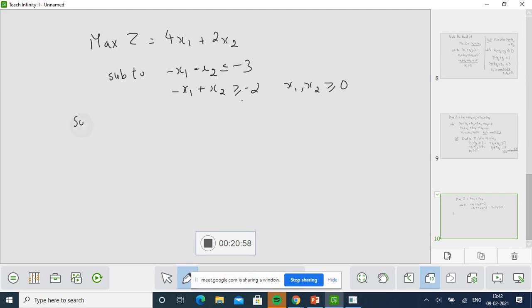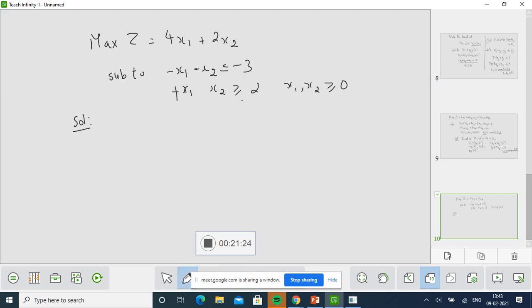Solution. Multiply the second constraint of the given primal by -1. So what will happen?